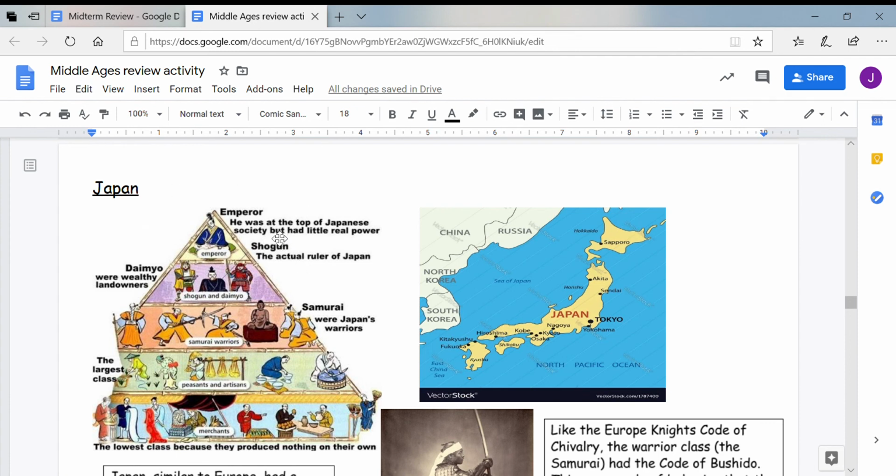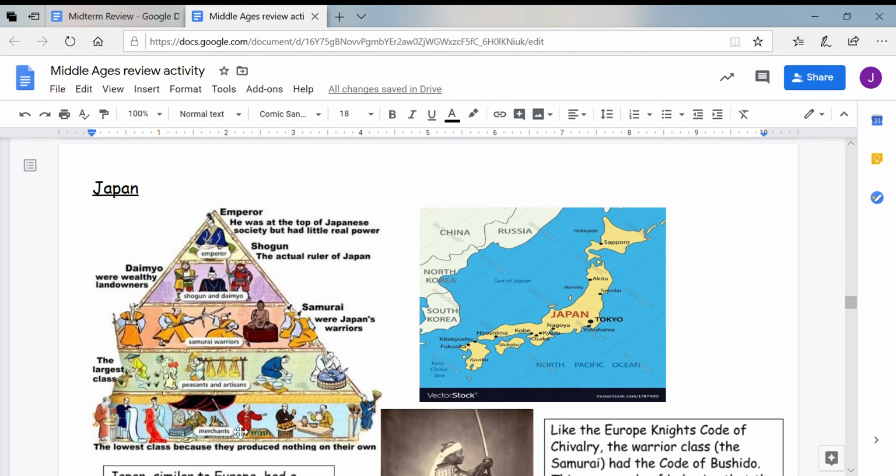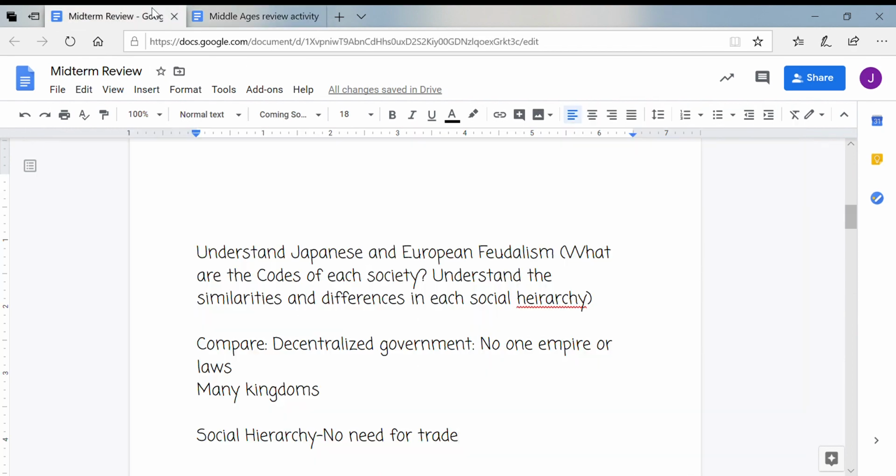Each person in the hierarchy depended on farming. So just think of the feudal system. Remember I mentioned, was there a need for trade? There was no need for trade. So that's why the merchants were at the bottom, because they really didn't contribute much to society like the peasants did.